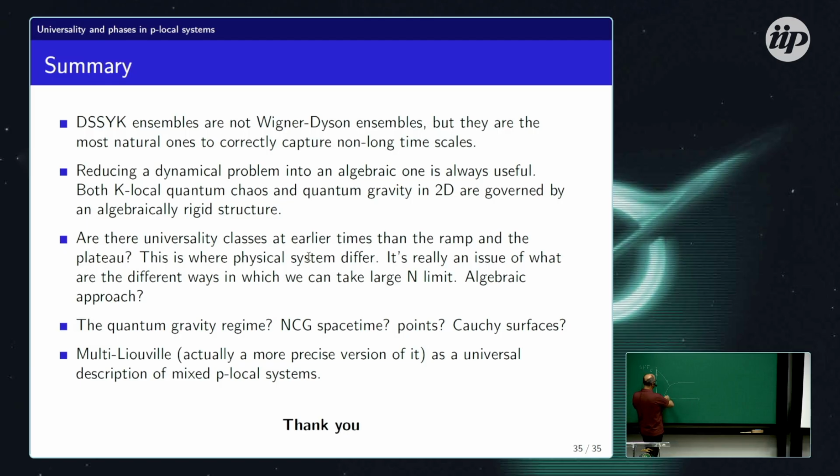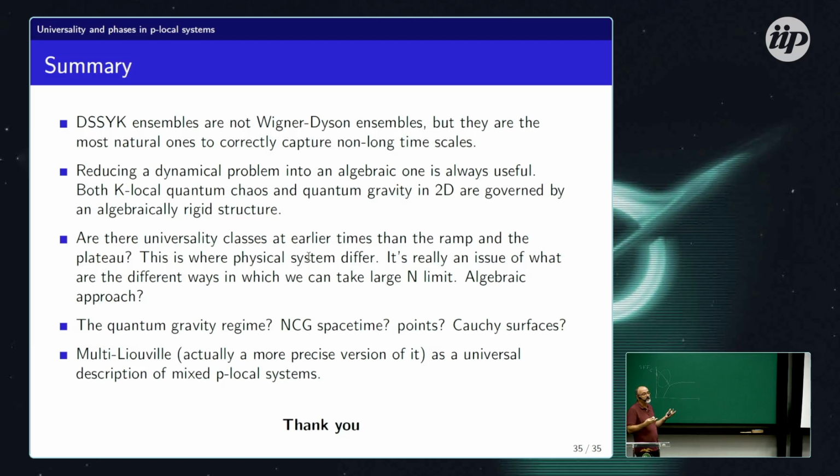A pure Wigner-Dyson ensemble will just have this, maybe there are some bumps here. Now, double-scaled SYK has this behavior. So really the notion of taking, if there is a classification of how you take different large N limits in matrix theories, it will really teach you something about this region, which has been considered non-universal until now.